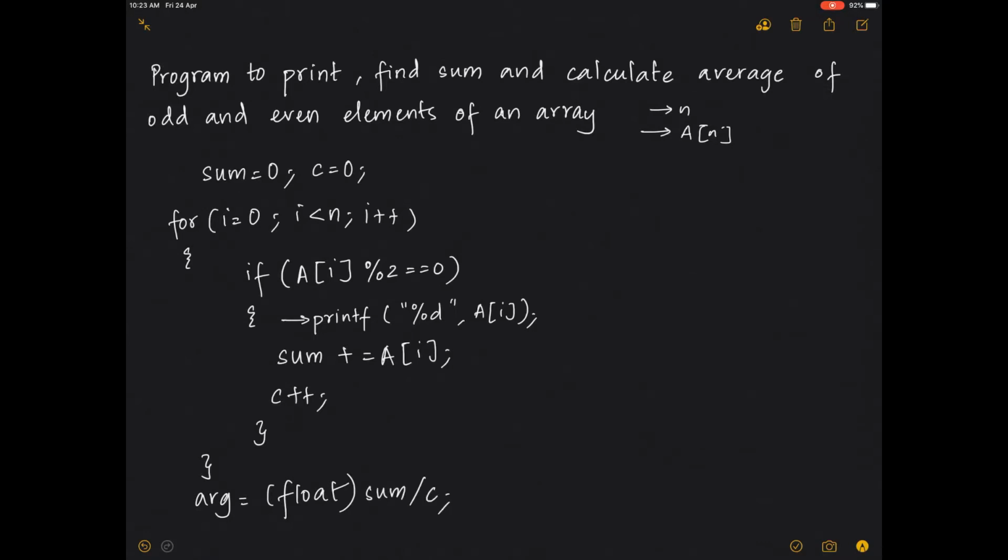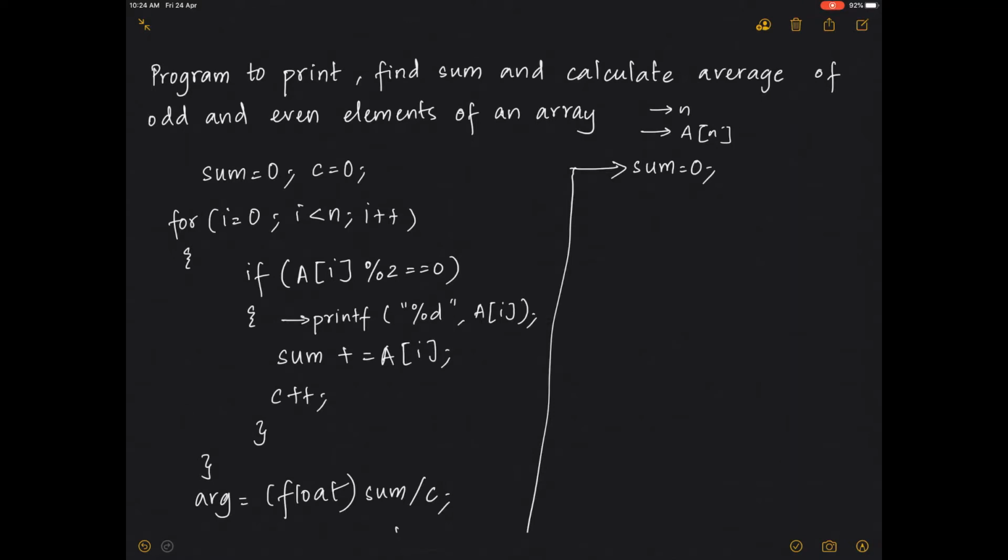After this you can write average is equal to float of sum by c. After this, moving on to the calculation of the odd elements, you can again initialize sum equal to 0. This is the statement which is continued from here.